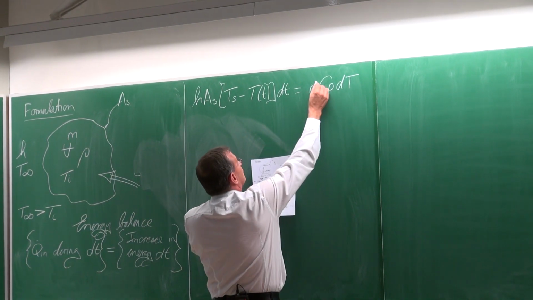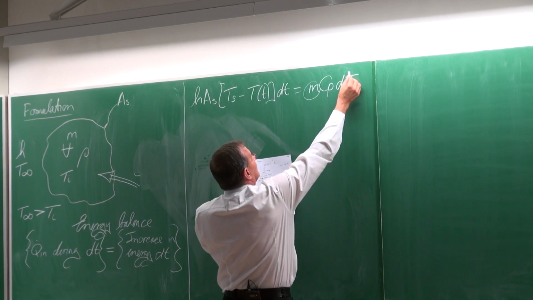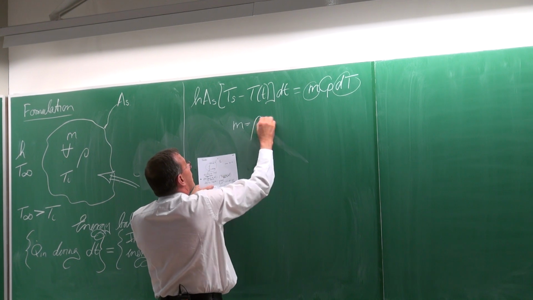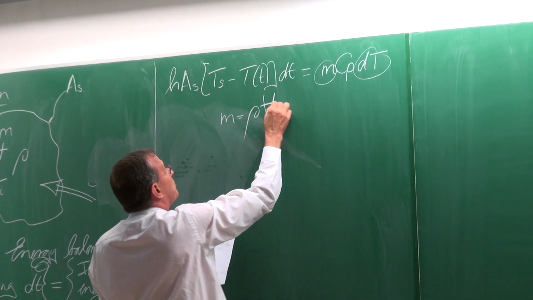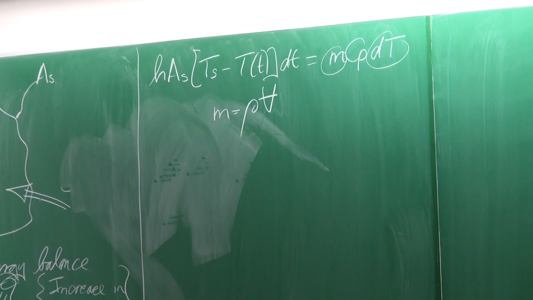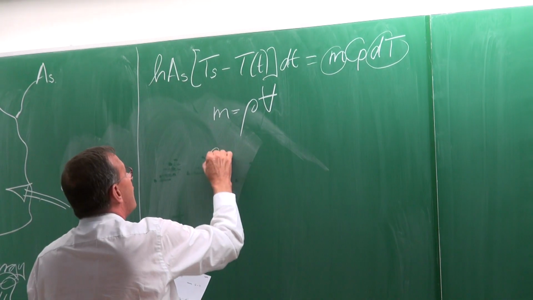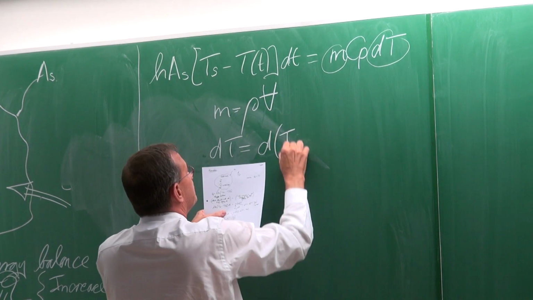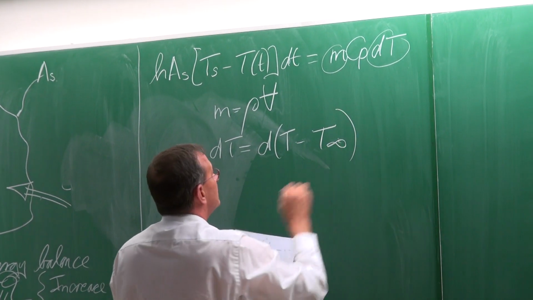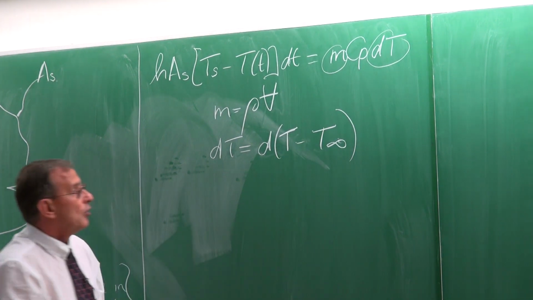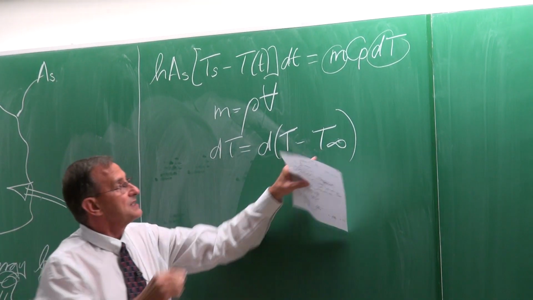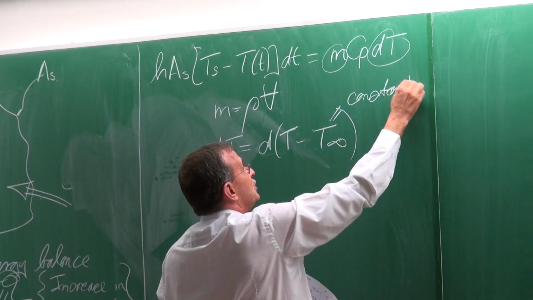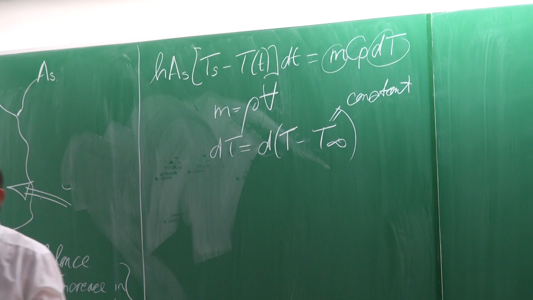Now the mass is equal to the density multiplied by the volume, and dt we can write as d of T minus T infinite. Okay. Why can we do that? Because this is a constant. And if we do the differentiation of the constant, it's going to disappear.